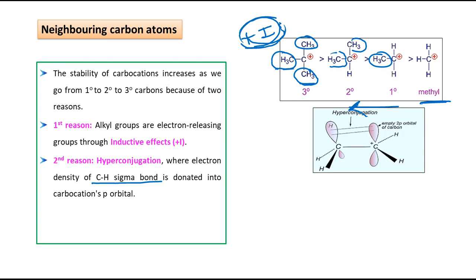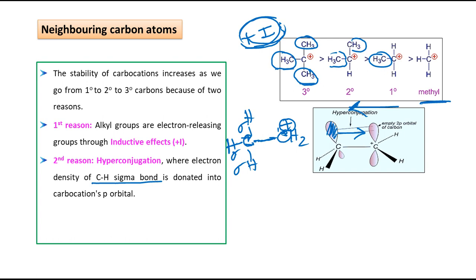From this picture you can understand, this is basically the ethyl cation. Suppose I am writing it here, total 3 CH bonds, and then there is CH2. So you can consider any of these sigma bonds. The electron density that is present here is donated to the empty p orbital of the carbocation.